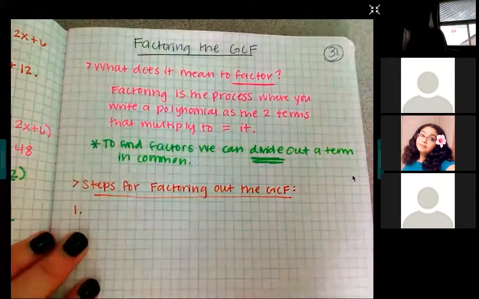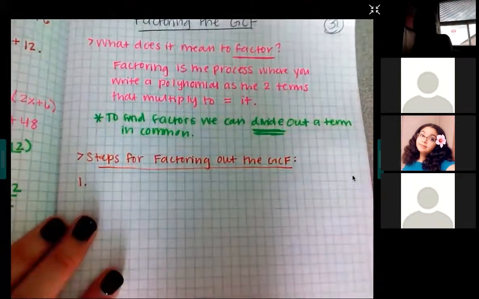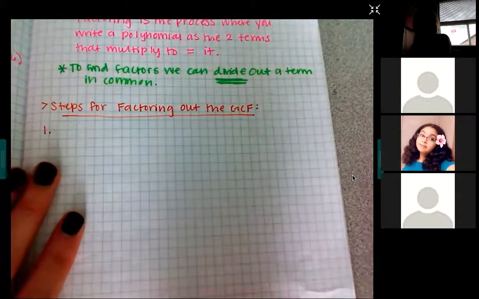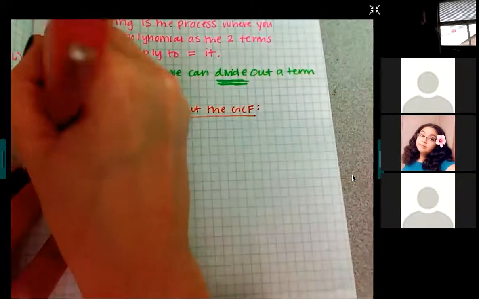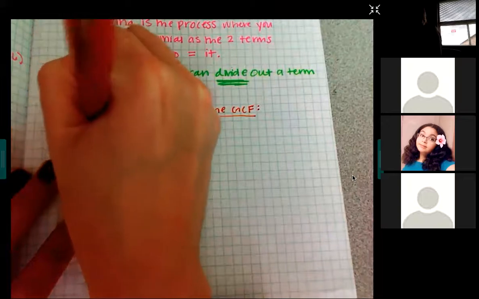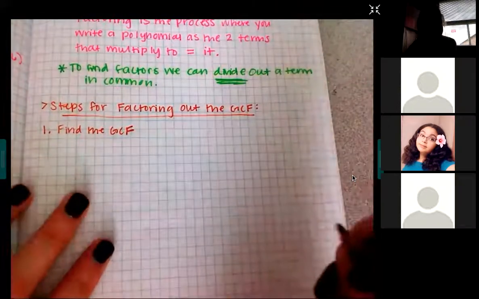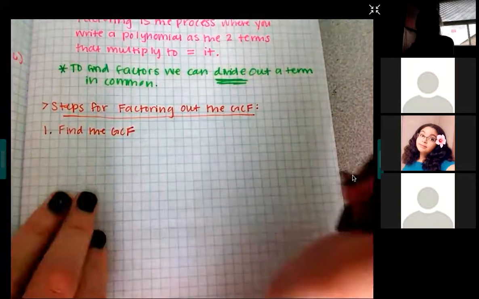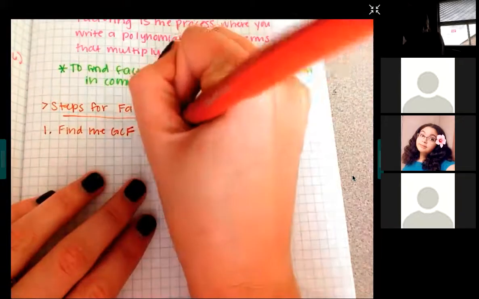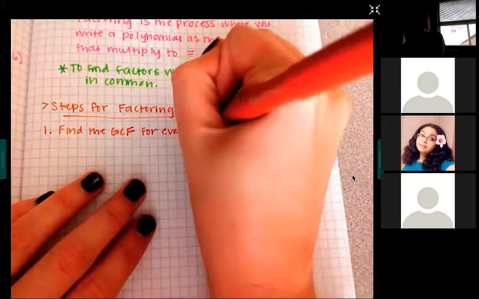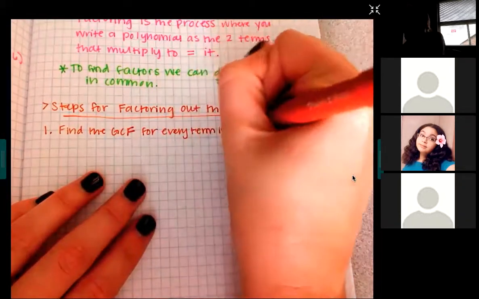All right, step number 1. We're gonna find the greatest common factor. I don't ever write that out. I just write GCF, and I'm fine with y'all doing that too. We're gonna find the GCF for every term in the polynomial.